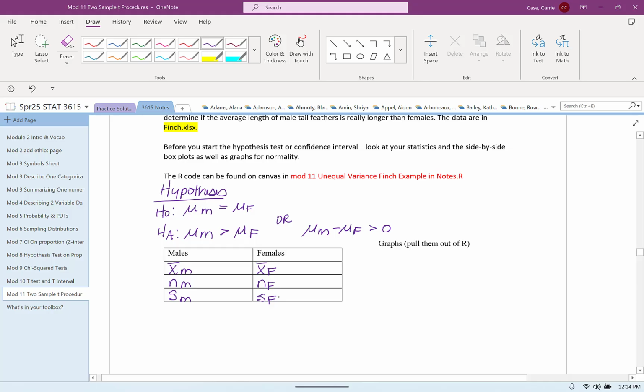We're going to pull the histograms or the QQ plots for both males and females, and we're going to do the box plots. And then you would pull these into your notes, which I can't do here in OneNote.